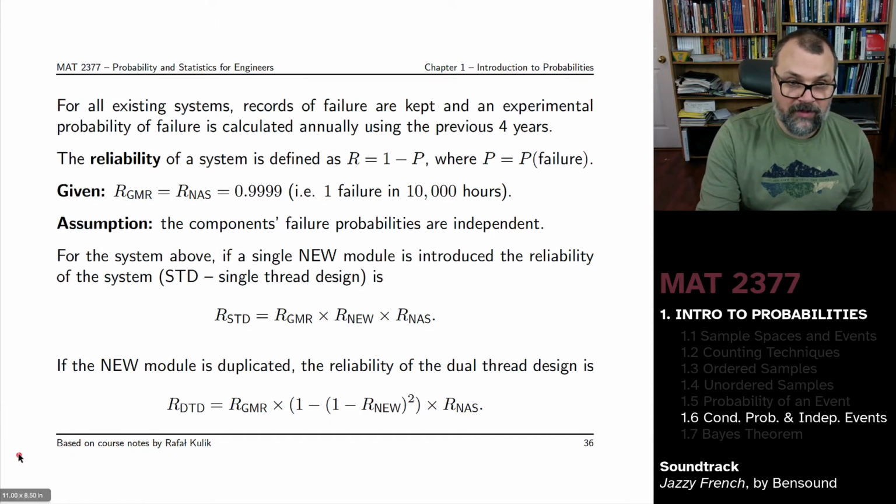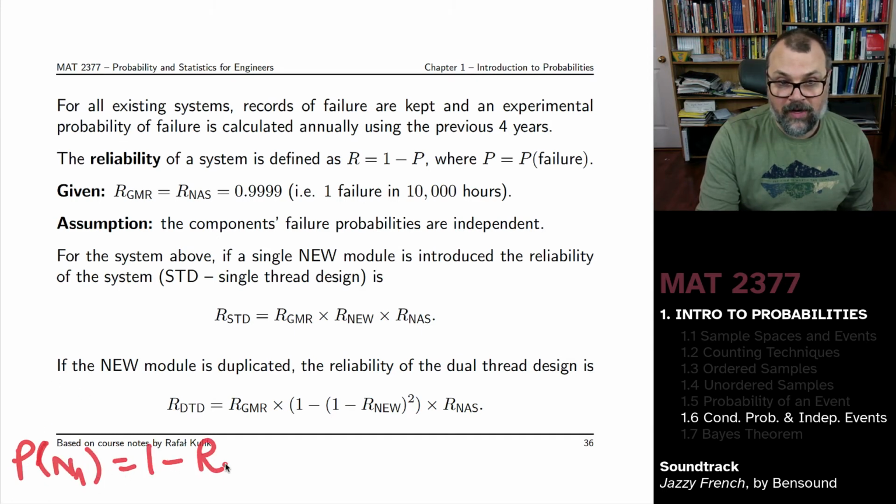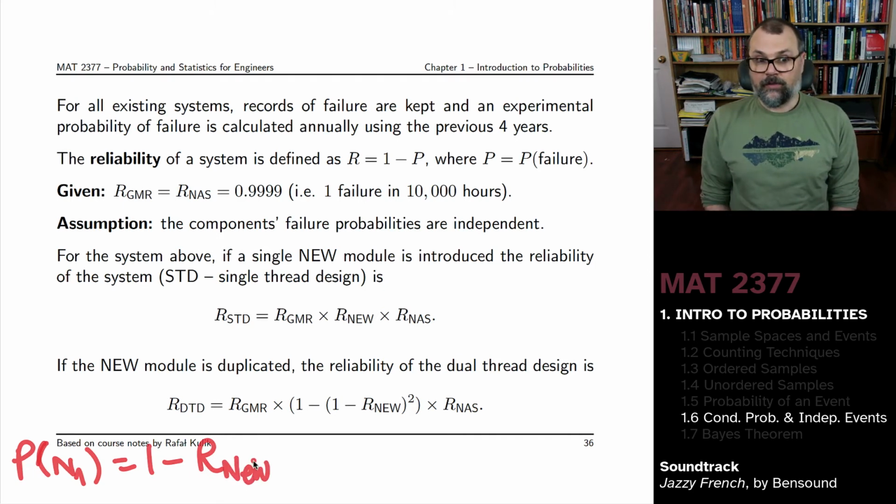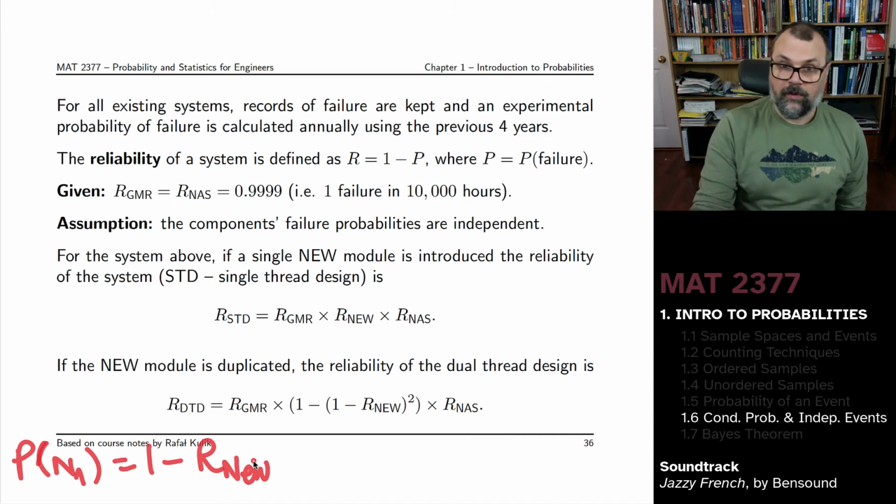We know what the probability of N1 failing is: that would be 1 minus the reliability of the new system. Right, you just rearrange this expression here.